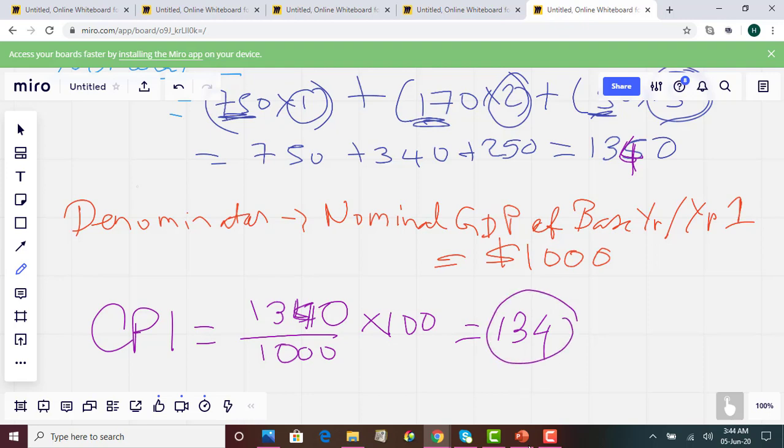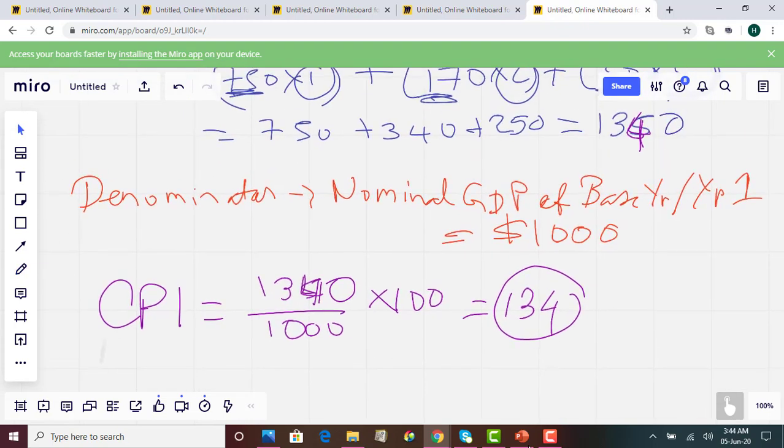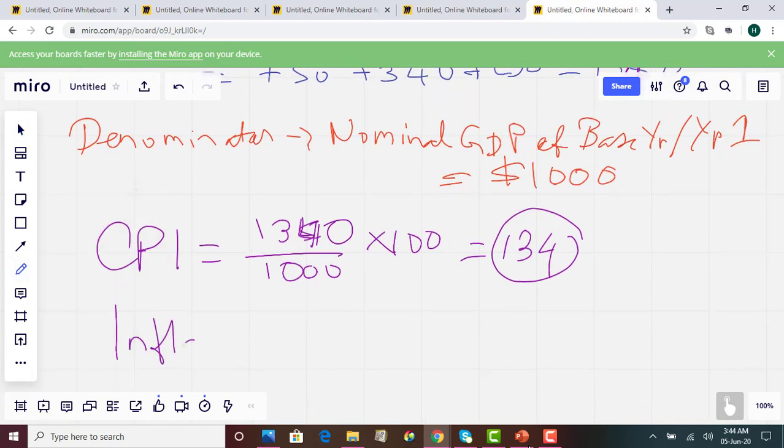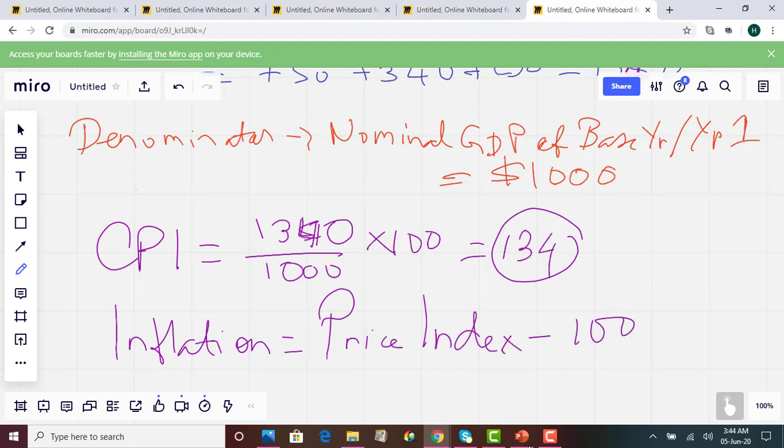That is your CPI. And if you remember from last class, inflation is given by the price index minus 100. In this case your price index is 134 minus 100, which is equal to 34%.